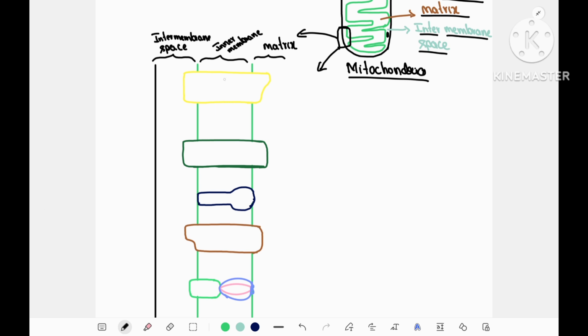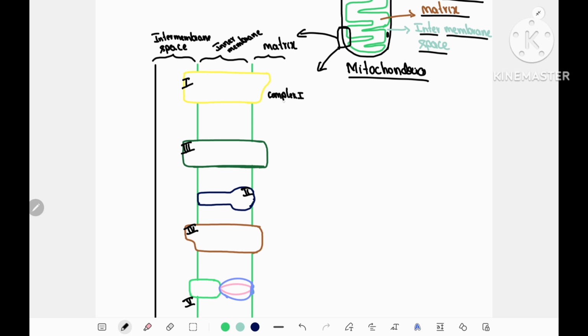When we take a small portion and elaborate it, the inner membrane of mitochondria consists of various complexes which contain electron transporters. The complexes are complex 1, complex 3, complex 2, complex 4 and complex 5. Let us now understand what are the electron carriers present in each of the complexes.